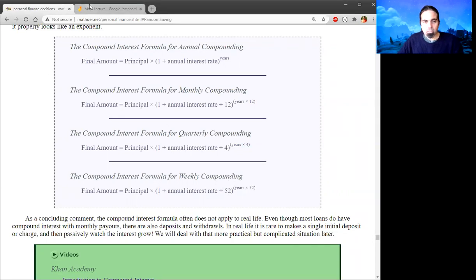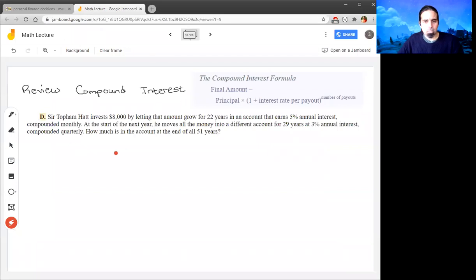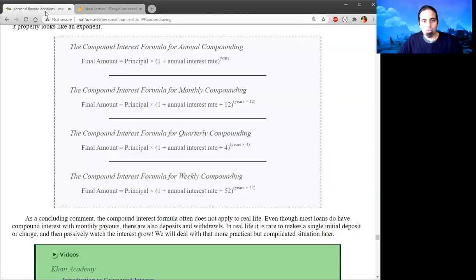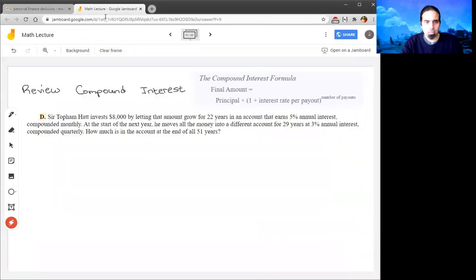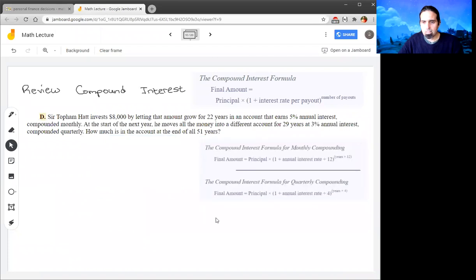But this problem says that we start with compounded monthly and then go to compounded quarterly. So maybe people would prefer it if instead of the generic formula, we worked with just the monthly and quarterly versions of it so we could see how those work. Okay, that's my preface. Ready to start?